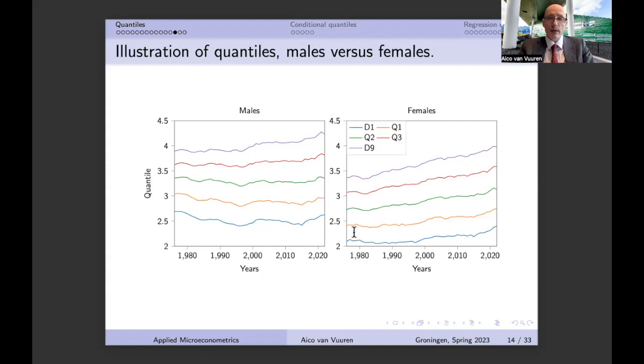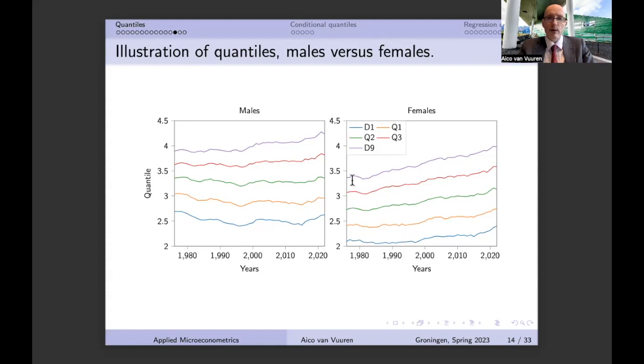When we look at women, we see a somewhat different picture. The main conclusion with respect to women is that wages along the whole distribution have been increasing, especially when you compare, say, 2021 with 1975. Even though there were periods, especially at the bottom of the distribution, where you have slight decreases, or at least periods in which there have not been big increases.